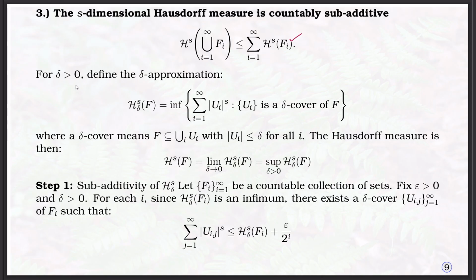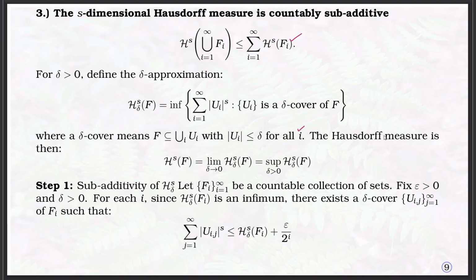For δ greater than 0, define the δ-approximation as follows. H^s_δ of F equals the infimum of this summation over different δ-coverings of F, where a δ-cover means F is contained in the union of these U_i with diameter less than δ for all i.